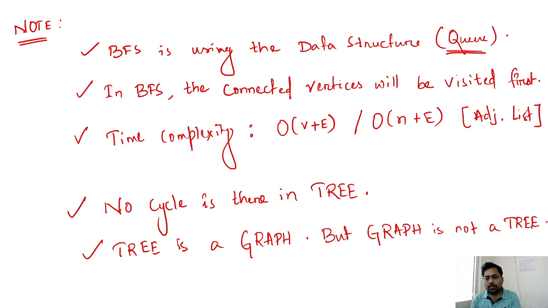Means the tree data structure could be a graph data structure, but a graph data structure is not always a tree, because if a cycle is there, it's not a tree. But if you can remove the edge which is making the cycle, then you can say it's a tree. So the tree is a part of a graph. This is how we have set it.